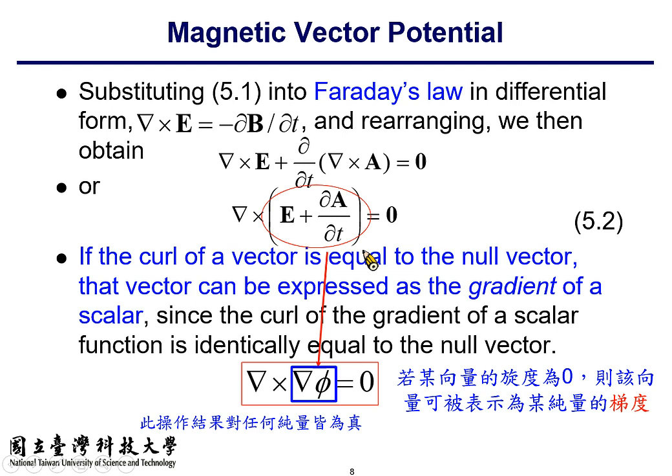The first vector identity we have is here, and the other one is this. This is the curl of the gradient of a scalar phi. So phi is a scalar.